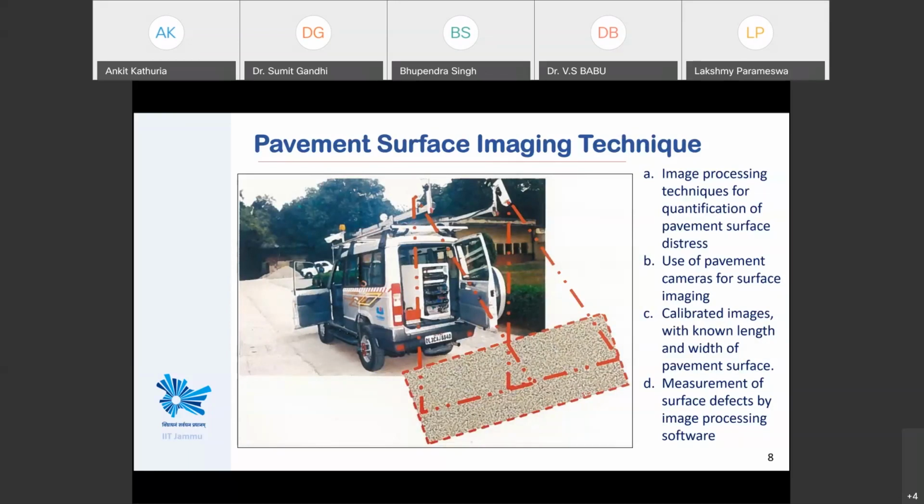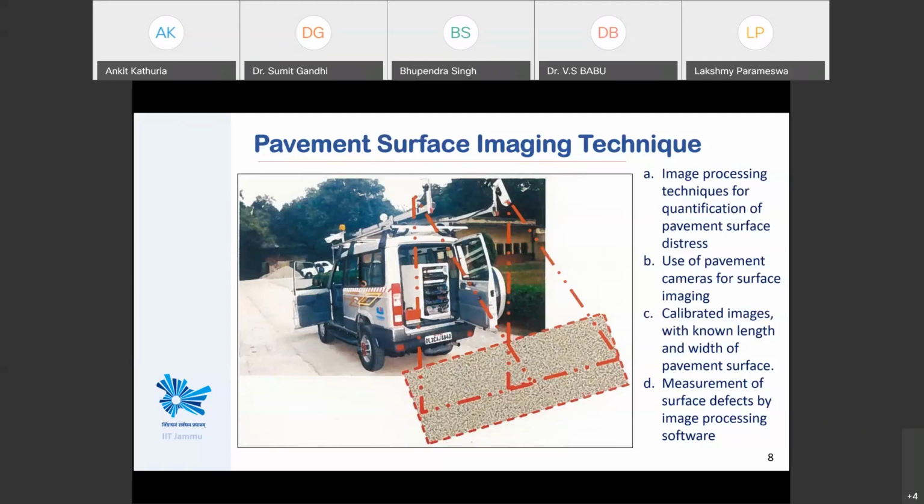Basically, pavement cameras are used for surface imaging, and the images have to be calibrated, because whatever image the camera collects, you have to calibrate it to relate it with the ground reality, or the ground truth.